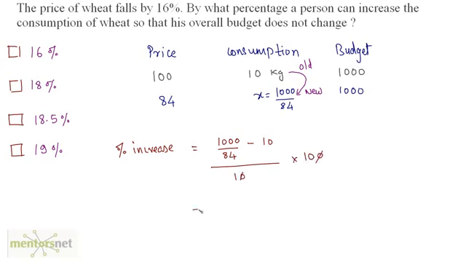The zeros and the zeros get cancelled out. So what remains is 1000 minus 840, which is equal to 160 divided by 84 times 10. So basically we have 1600 by 84, and that is equal to roughly 19%. So our answer is option D.